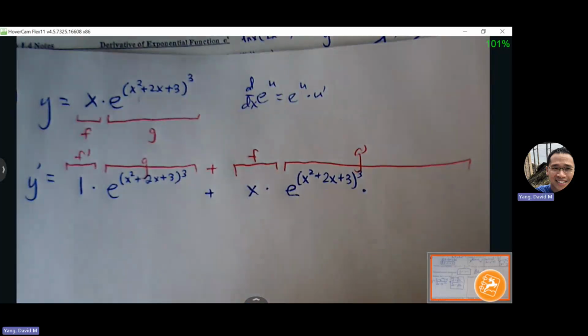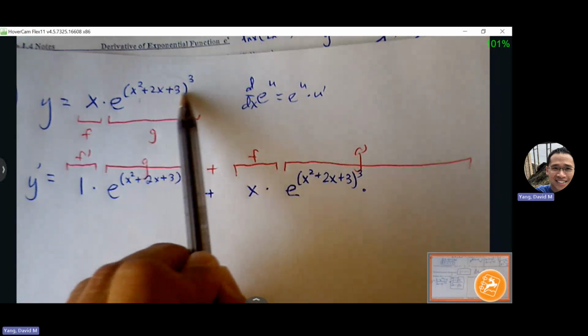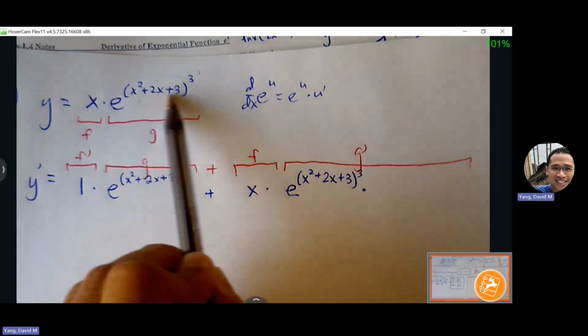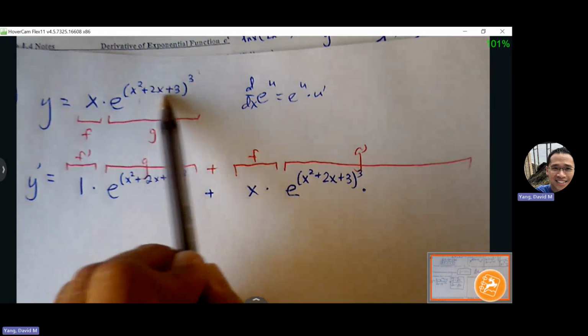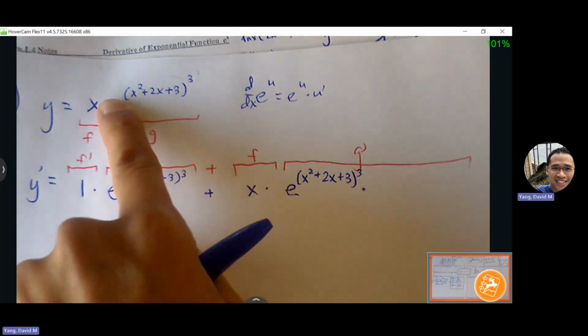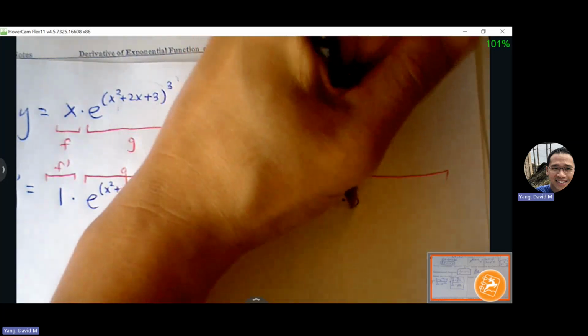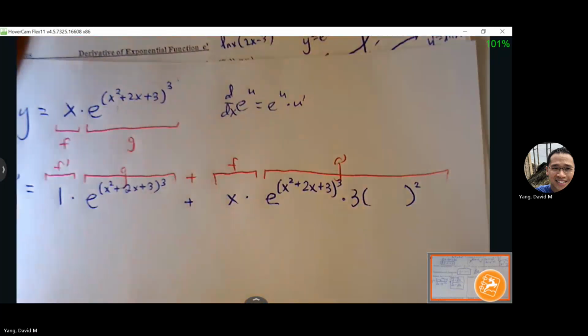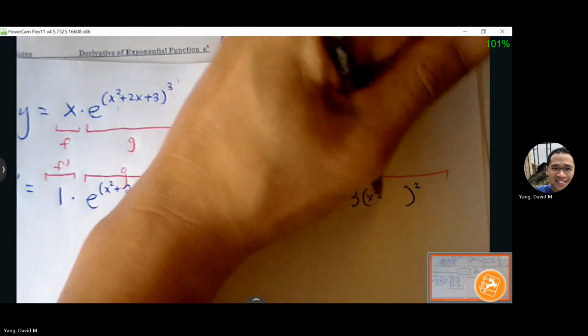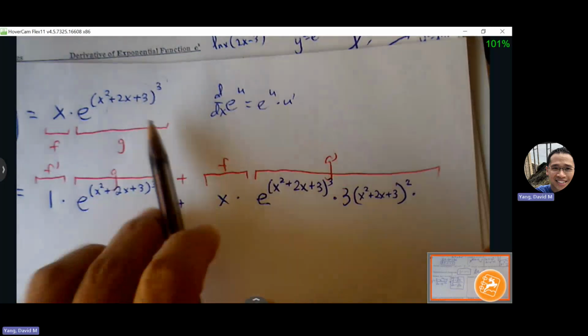So now we can focus our attention on the exponent and what is required to find the derivative of this expression. We've got to go through another set of what? Another chain rule. So this one is its own chain rule. Outside derivative times inside derivative. So the outside derivative is 3 parentheses squared, times the inside portion's derivative.